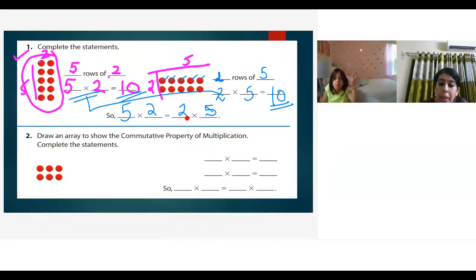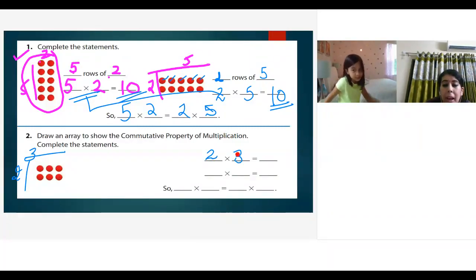Okay. Now one more thing. Now this is an array. Now you tell me how to make it. How many rows are there? First tell me. 2. And how many columns are there? 3. So what should I write? 2 times 3.